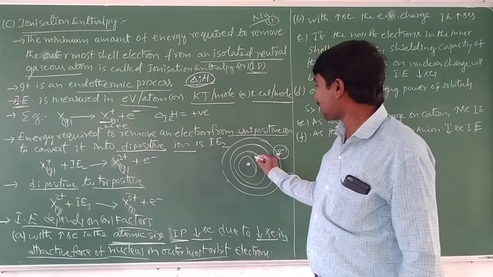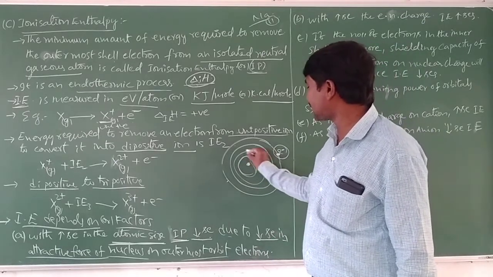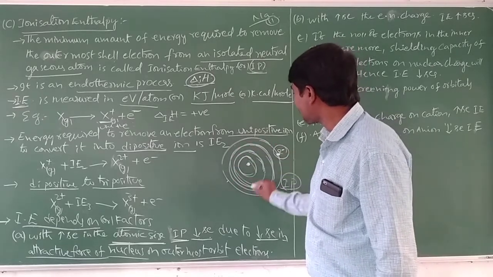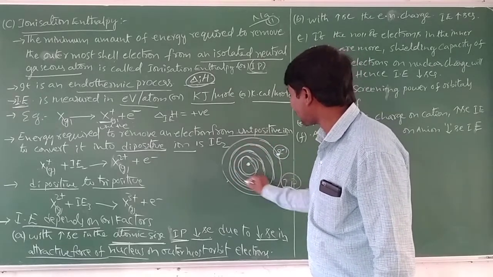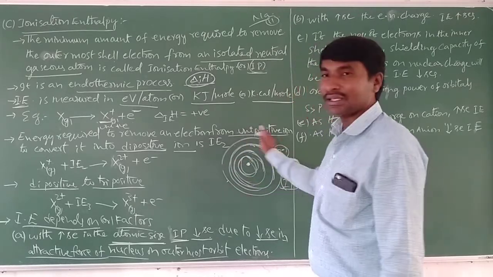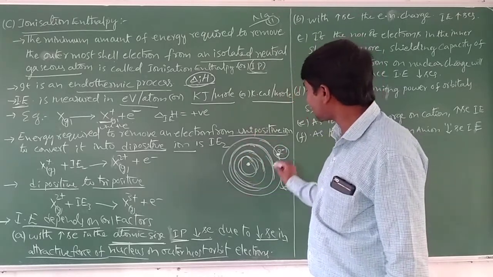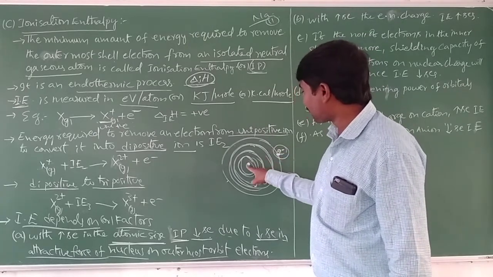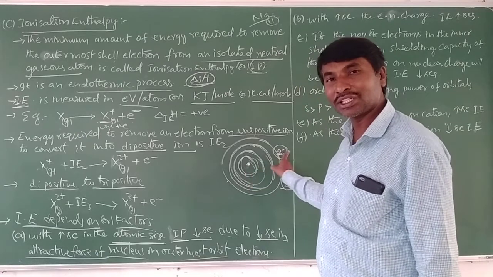So here atomic size increases. When the number of shells increases, automatically atomic size increases. Atomic size increases means the distance of the outermost shell electrons from the nuclear charge is more.